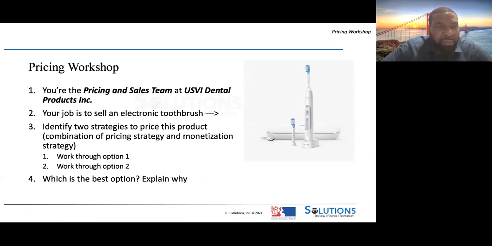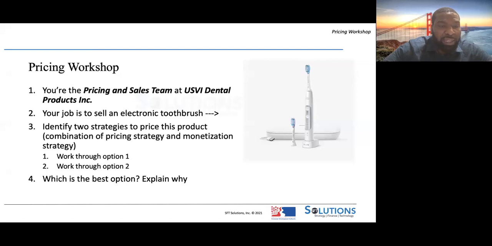So let's imagine that you're a dentist office and you have this new electronic toothbrush that you want to sell to your clients. Talk about two different pricing strategies that you would use to sell. I'll run through this quickly for you guys. The first one I would think about is skim pricing. I would try to start the price of this out high and gradually reduce it over time.